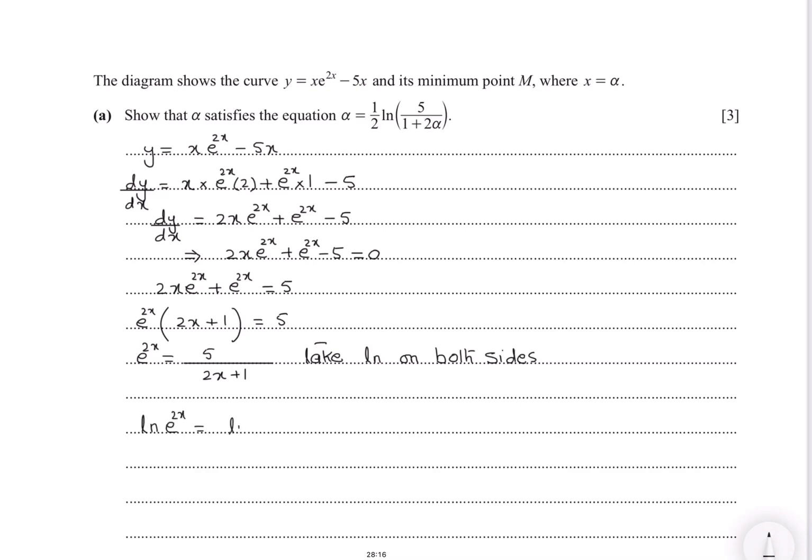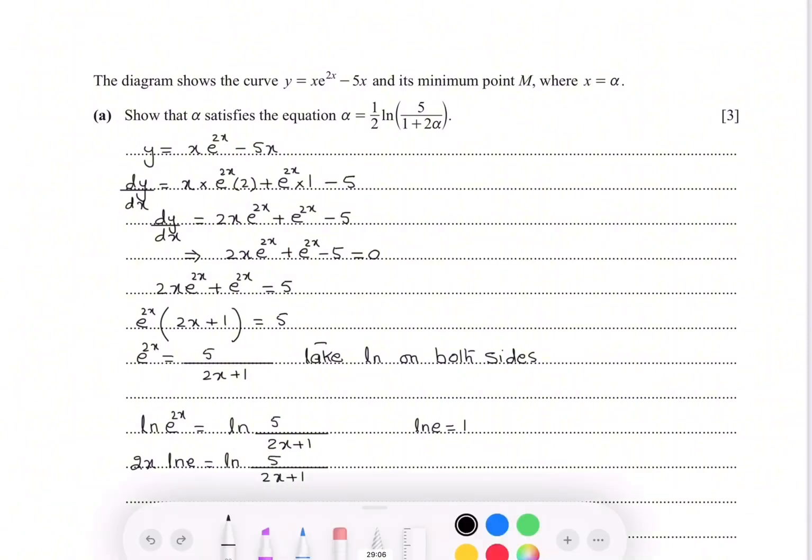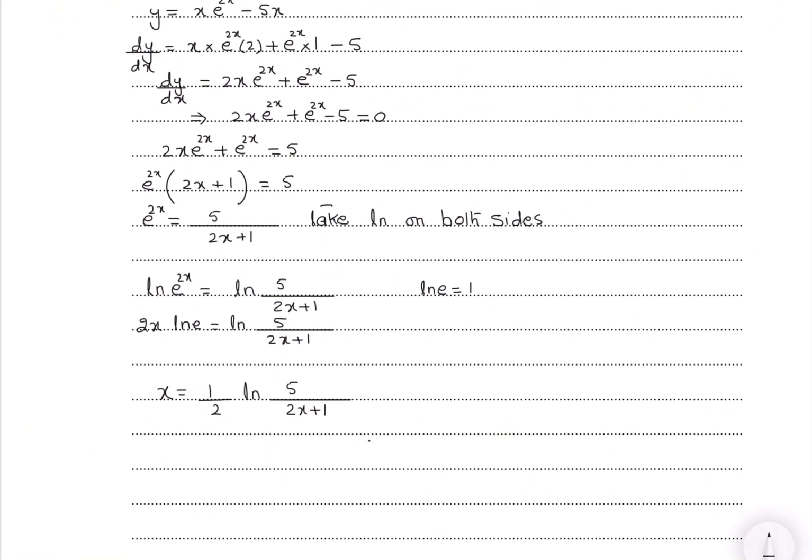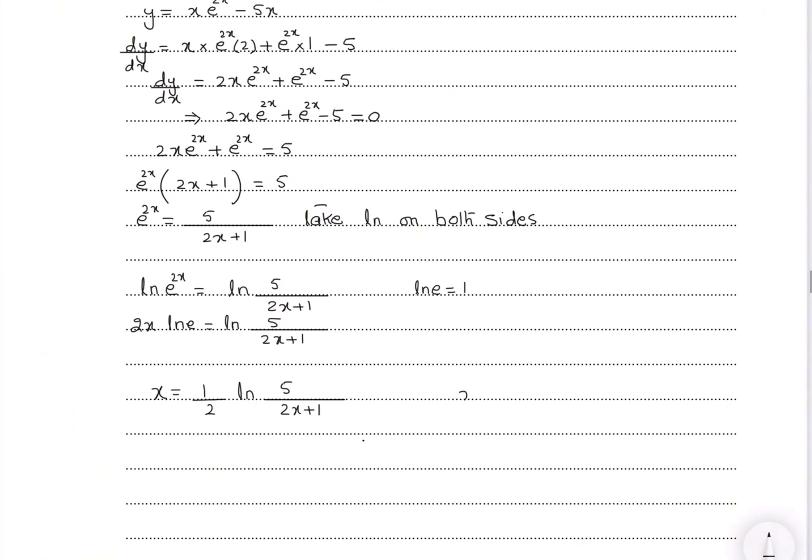Take ln on both sides. Ln e is 1. So your x is 1 over 2 ln 5 over 1 plus 2x. So x is alpha. So write in terms of alpha now.